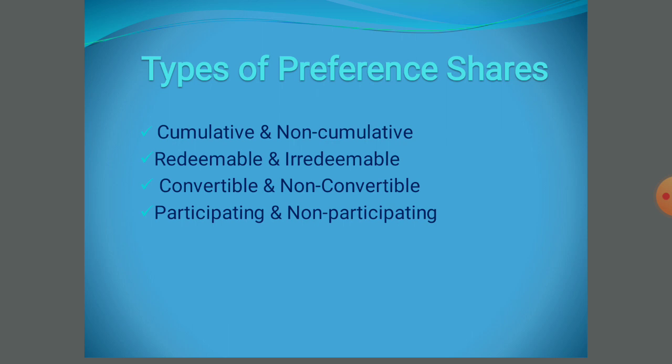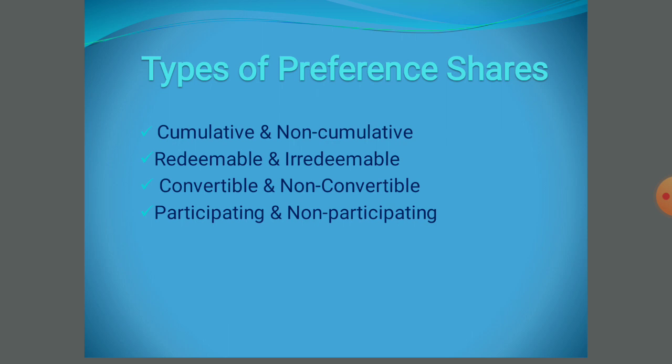But in case of non-cumulative preference shares, if the company was not able to pay the dividend in the previous year, preference shareholders have to let go the previous year's dividend. They are just going to get the benefit of this year's profit.